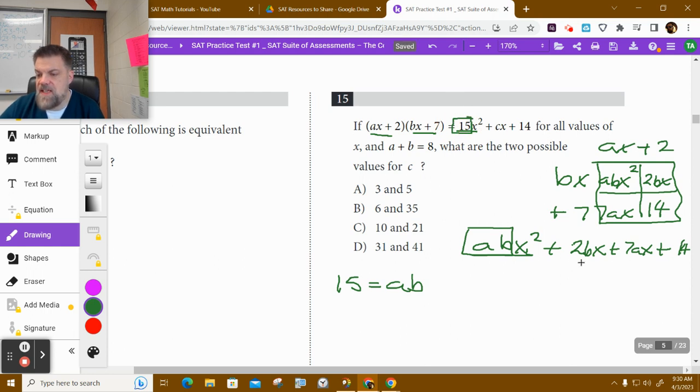And then if I take these two terms and I factor out the x, that's 2b plus 7a. Well, that has to equal cx, or c equals 2b plus 7a.